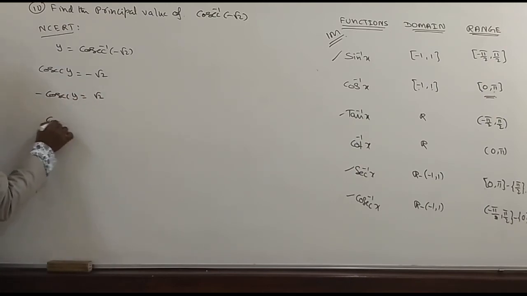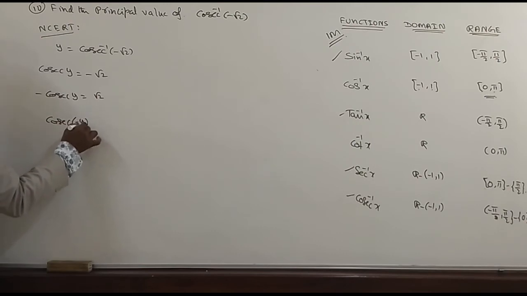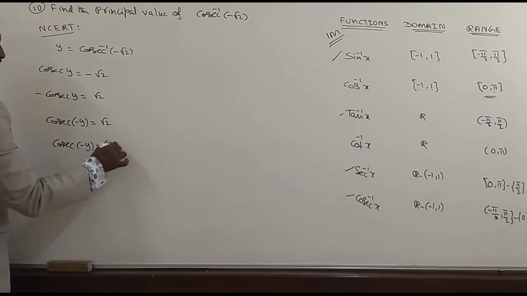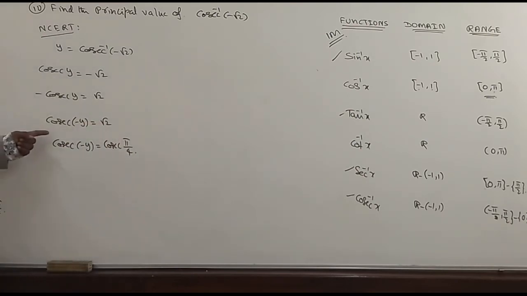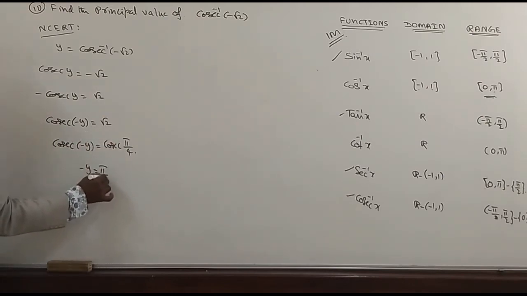Minus cosecant y, we can write cosecant of minus y is equal to root 2. Now cosecant of minus y is equal to root 2, in terms of cosecant what we can write? Cosecant pi by 4 we can write. Now minus y is equal to pi by 4, then y is equal to minus pi by 4.